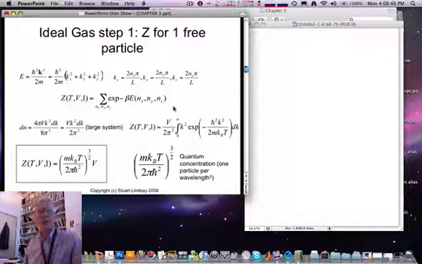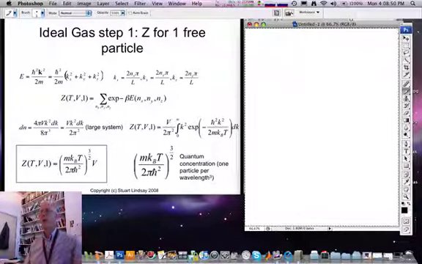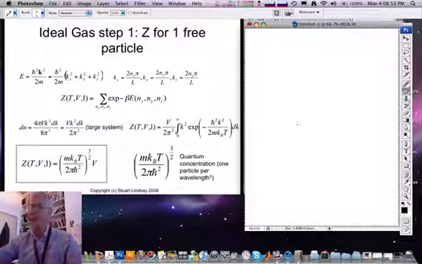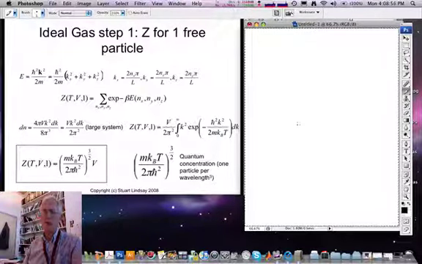And the answer is that a single particle can exist in many states. That's illustrated on this slide here, where I have written down the expression for the kinetic energy of a free particle taken from chapter 2, ħ²k²/2m, where the allowed wave number eigenstates are given by 2π/L times integer multiples in the x, y, and z direction.